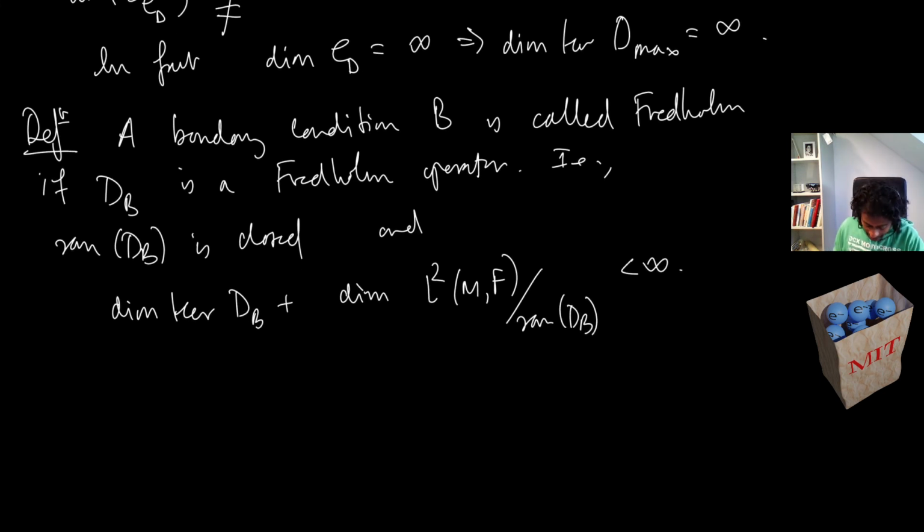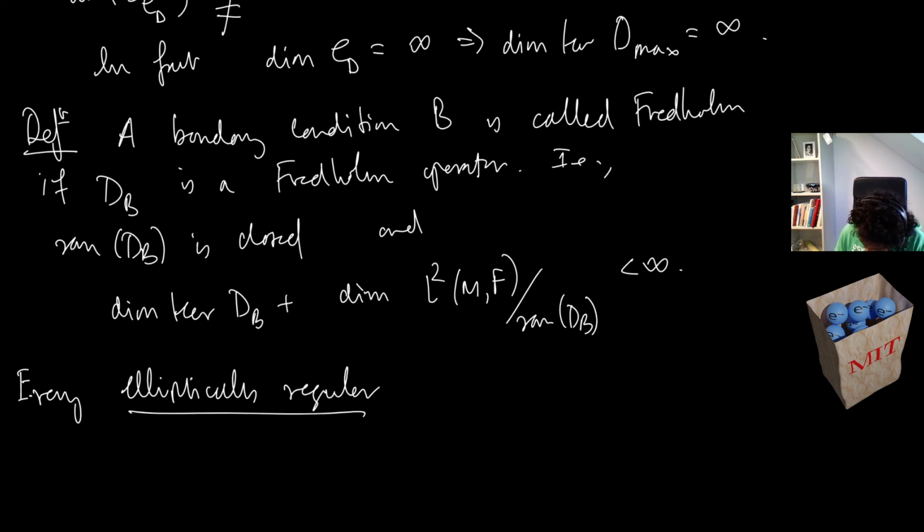So we can see actually that every elliptically regular boundary condition B is Fredholm.